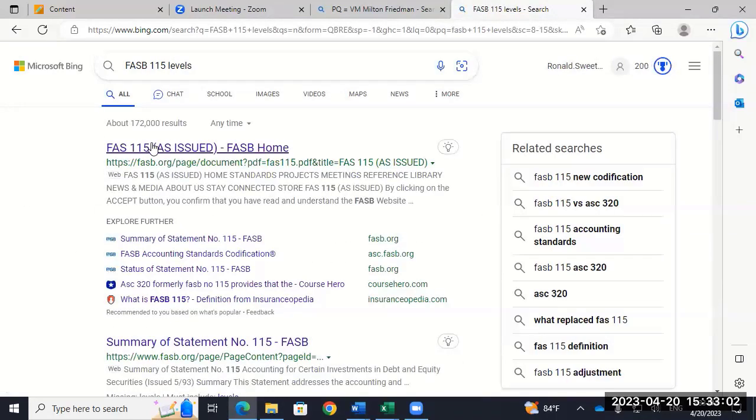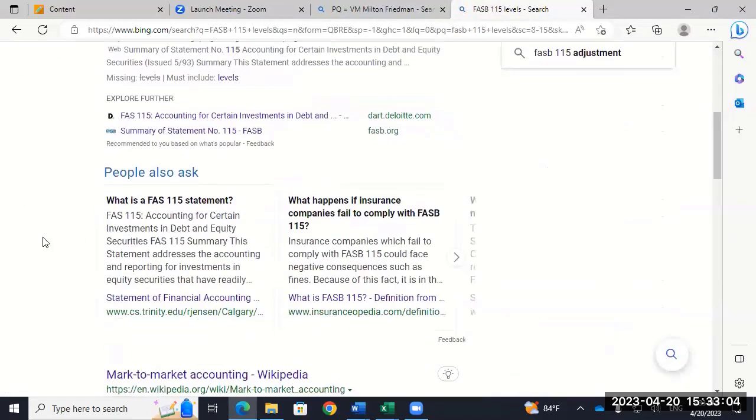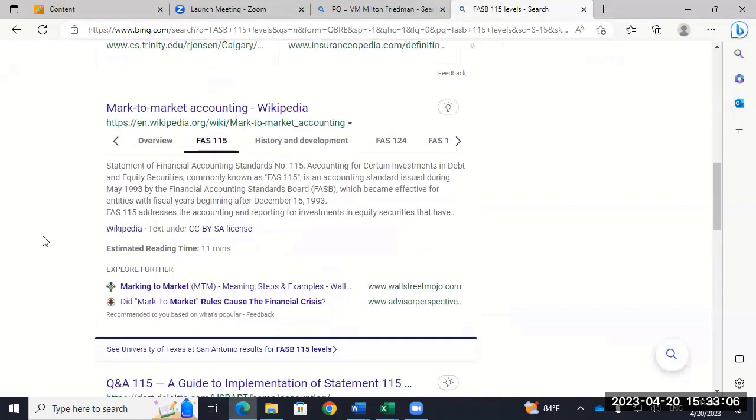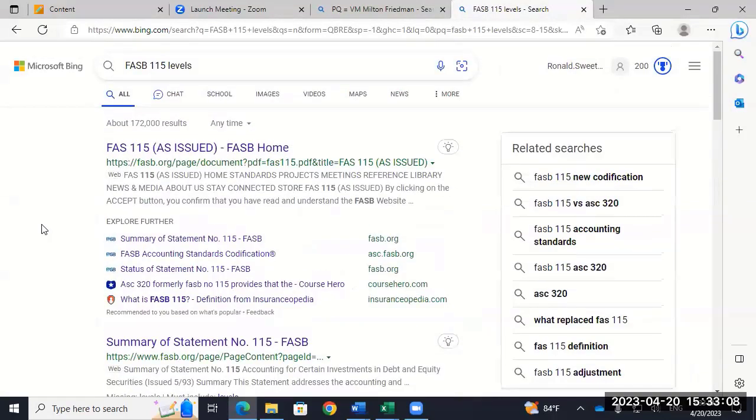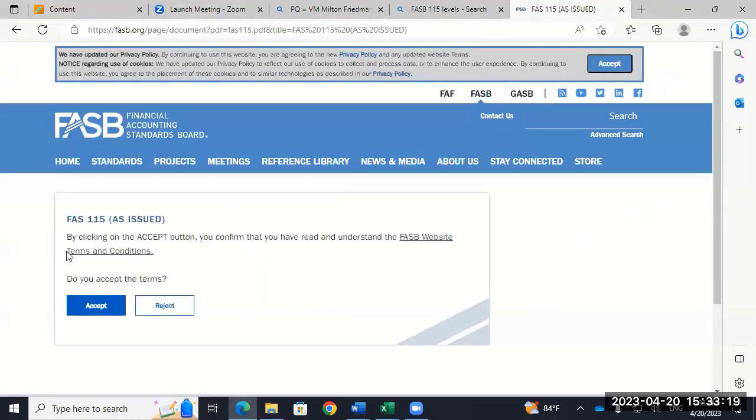And what are those 3 levels? It's probably in here somewhere, but you've got an asset, you've got to put it on your books, and FASB says the valuation depends on what type of asset it is. If it's level 1, I think level 1 is the most liquid, if I remember.